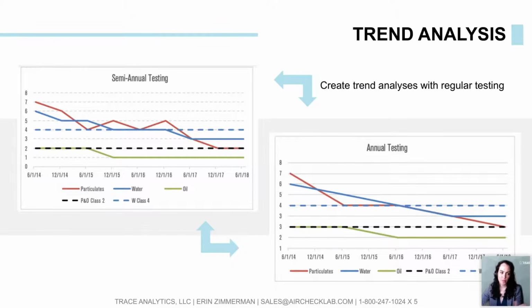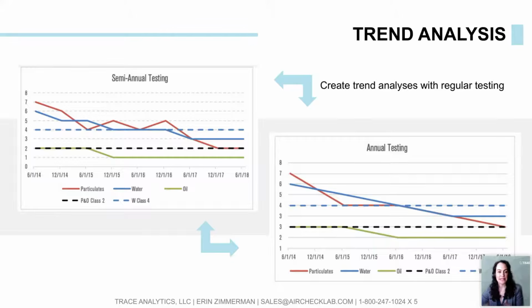So here we just have two little examples. The first one is semi-annual testing, and the second is annual. So you'll see the difference. With semi-annual testing, you'll see more spikes in particulate and water. Whereas in the second chart, it's just a downward projection.